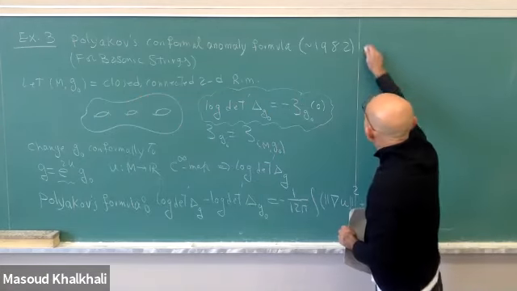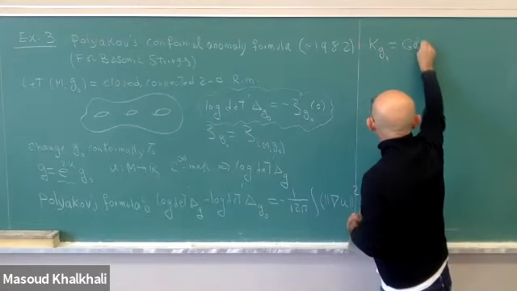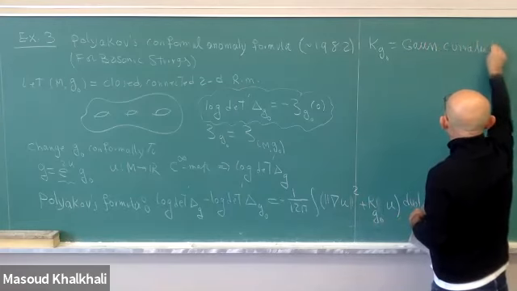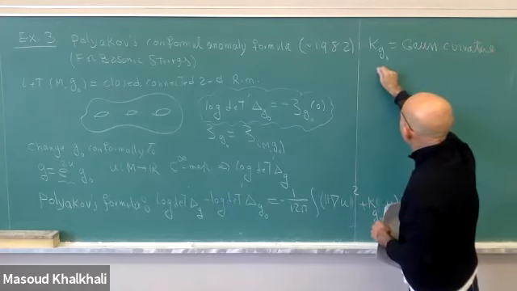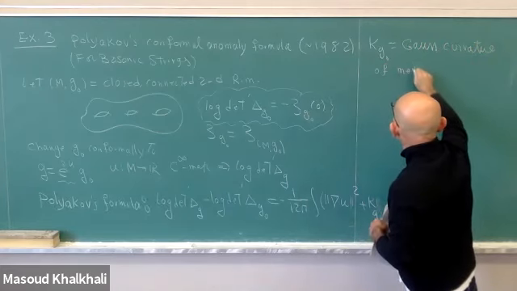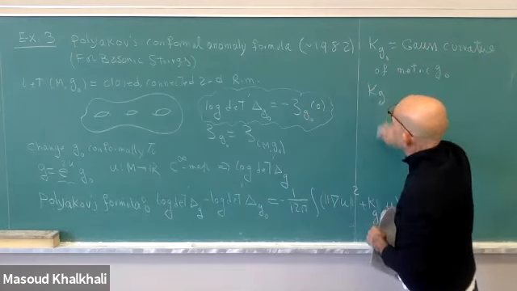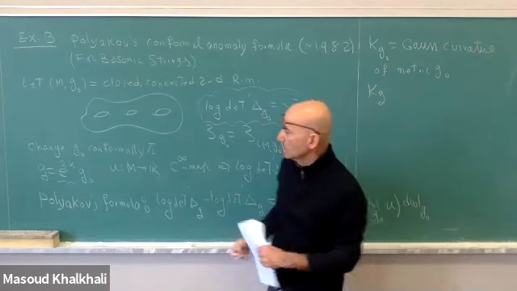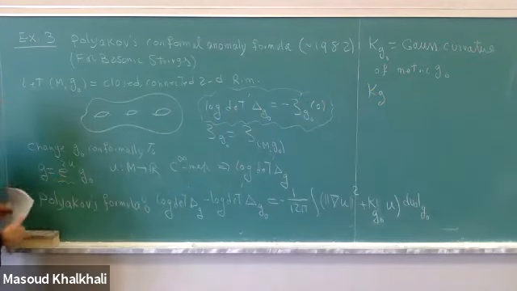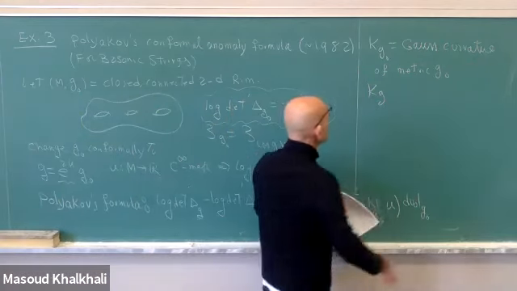Now, K G0 is the Gauss curvature of the metric G0. Of course, the Gaussian curvature changes drastically under conformal perturbation in general.